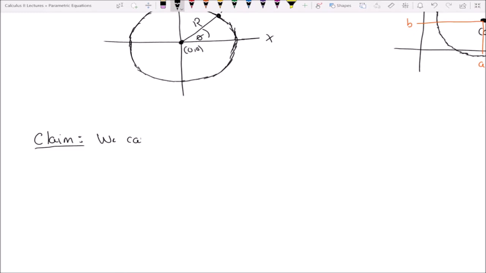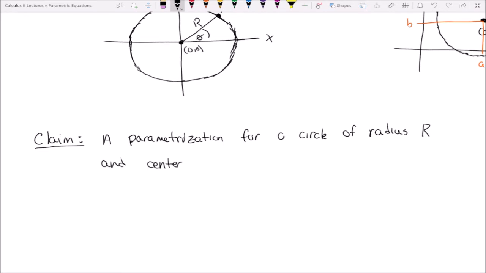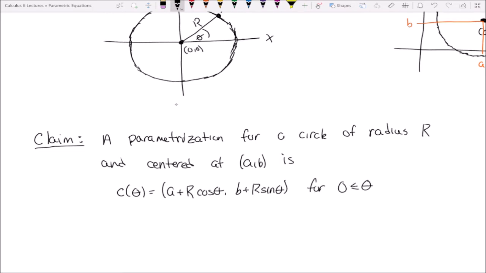What we claim is a parametrization for a circle of radius r and centered at (a, b) is C of theta equals a plus r cosine of theta, b plus r sine of theta, for 0 less than or equal to theta less than or equal to 2 pi.